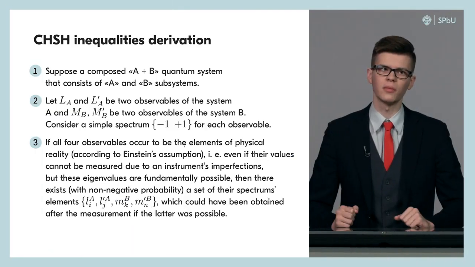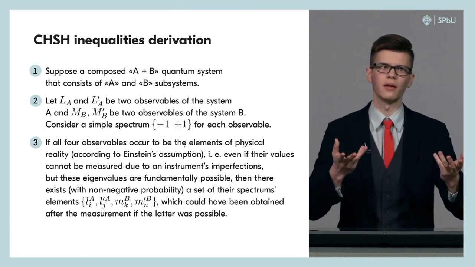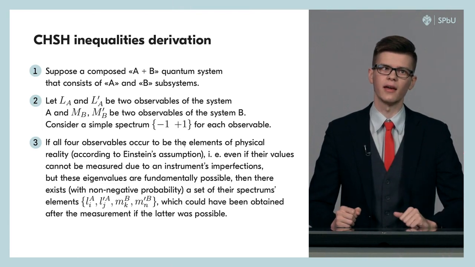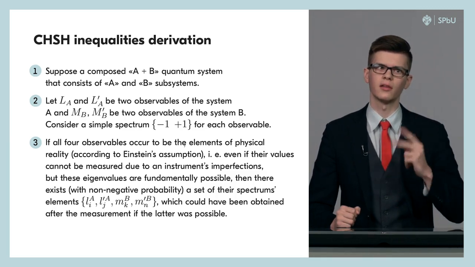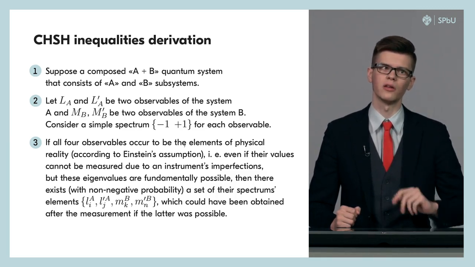Consider a quantum system A plus B composed of two subsystems A and B. Let LA and LA prime be the observables of system A, and MB and MB prime be the observables of system B. Consider a simple spectrum for each observable with only two eigenvalues of +1 and -1.